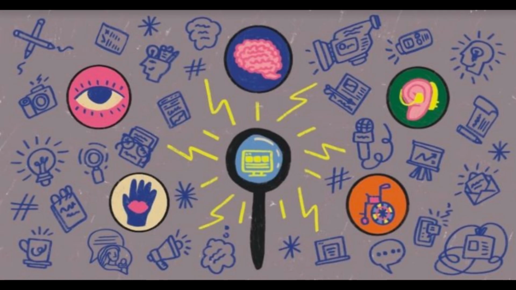The social model of disability sees disability as caused by society. People with disabilities in this model are viewed as a minority group who face structural oppression.